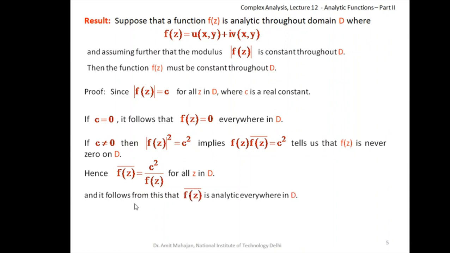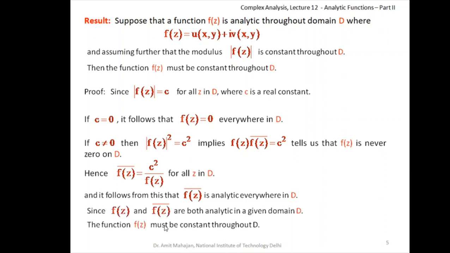So what we have proved is that if f(z) is analytic and its modulus is constant, then f(z) bar is also analytic. So the function and its conjugate are both analytic in the domain. So the previous result says that if this is true, then the function must be a constant throughout the domain. So that's a very simple proof for this problem.